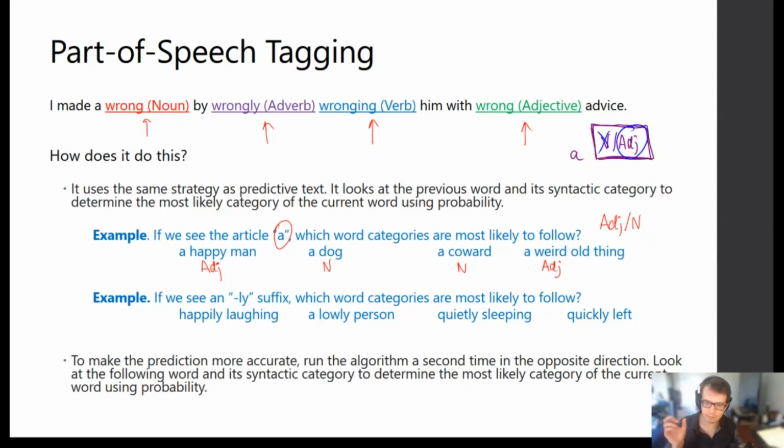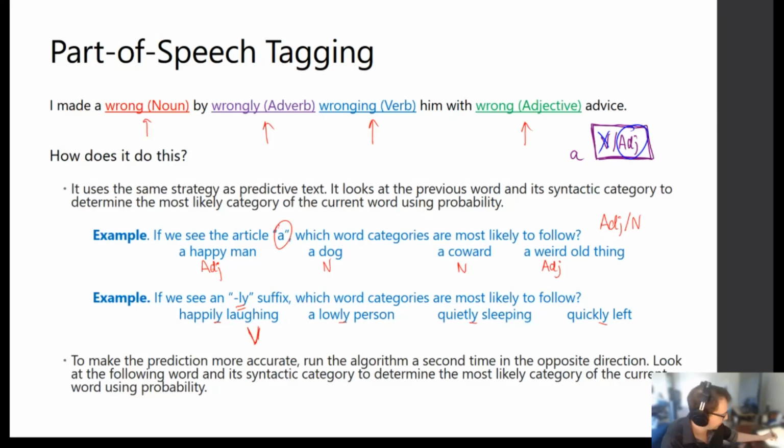If we have information about parts of words, we can go into words as well, and we can say, what about words with, say, ly suffixes? If we see a word with an ly suffix, like happily or lowly or quietly or quickly, what categories often come after that? Well, happily laughing, laughing is a verb.